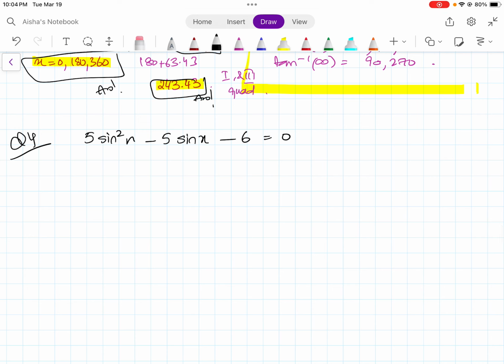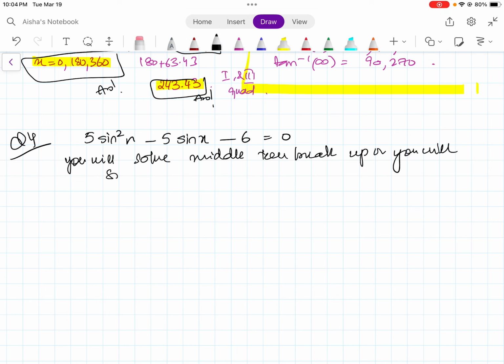So what we will do is, you will solve through either middle term breakup or you will solve through the quadratic formula to get sin x values.